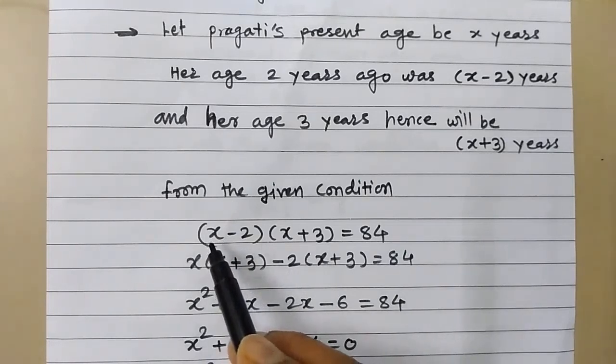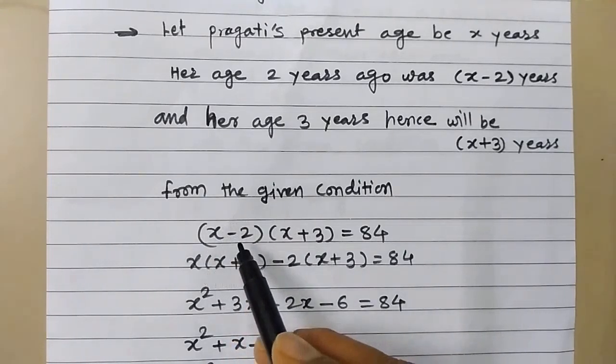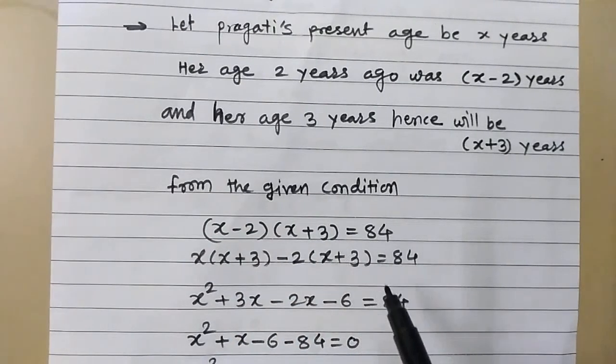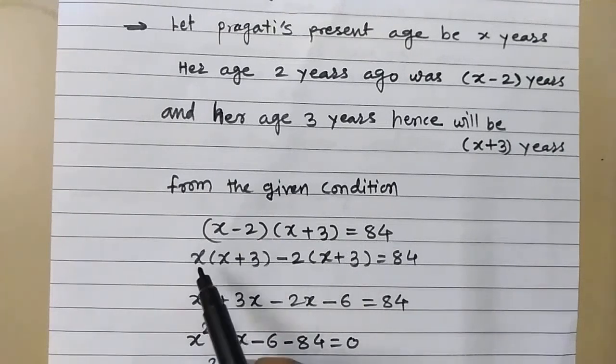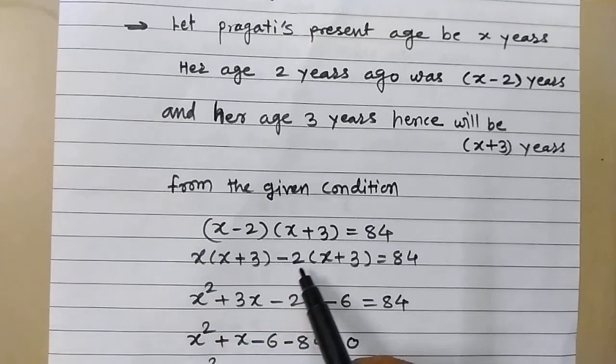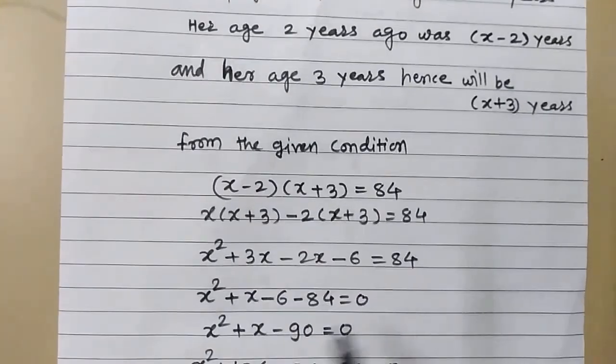Now multiply the first term of the first bracket to the whole second bracket and the second term to the whole second bracket. Now x into x is x square, x into 3 is 3x, minus 2 into x is minus 2x, minus 2 into plus 3 is minus 6, equal to 84.